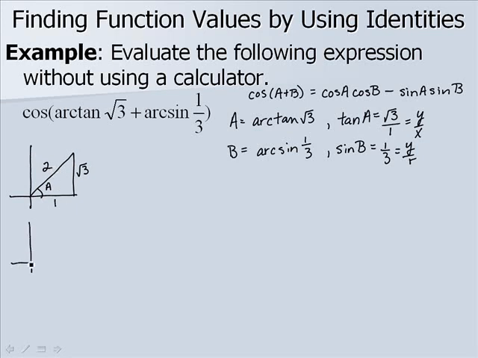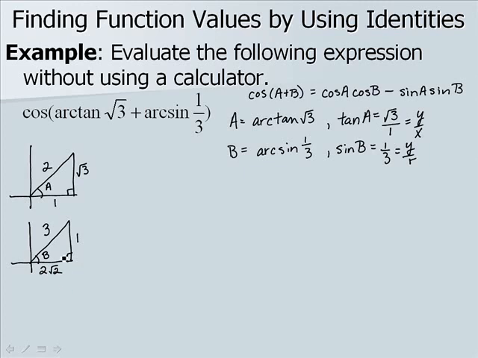And then let's set up b. We have that the arcsine, or sine of b, equals 1/3. So we have 1 as our y value and 3 as our r, or hypotenuse. When we do the Pythagorean theorem here, we'll get a value of 2 square root of 2 for our x value.